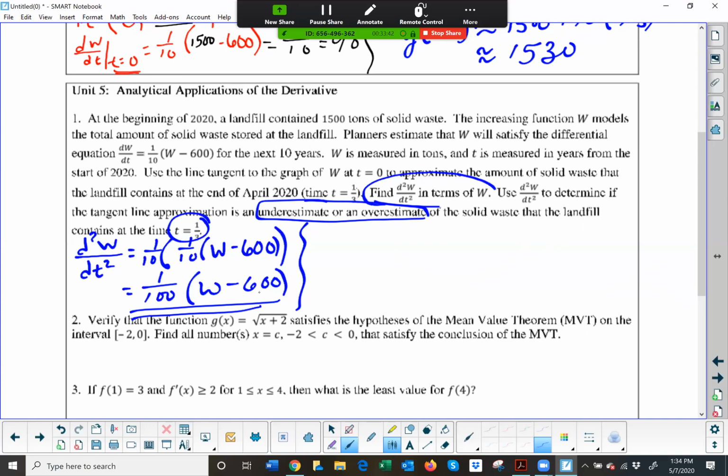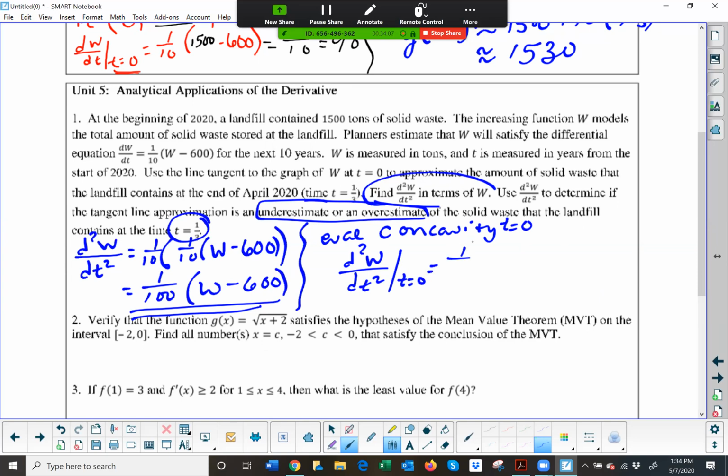The 1/3 is the estimation of it, right? So we want to evaluate concavity at t equals 0, where the tangent line was originally built. So we're going to take our second derivative and evaluate it at time 0.